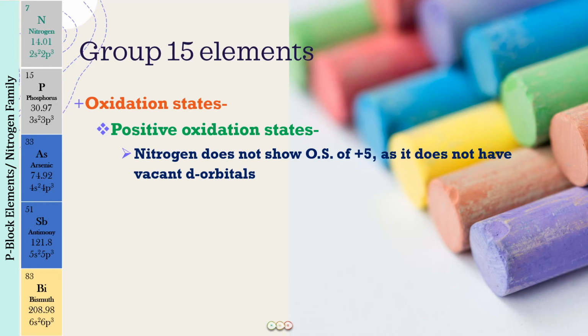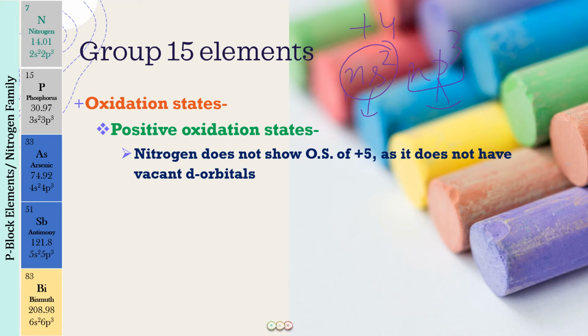The maximum covalency of nitrogen is always 4. Why 4? First of all, we have ns2 np3 as the configuration. So these 3 electrons can participate in bond formation because these 3 orbitals are going to be half filled, and the s orbital electrons can act as a lone pair and be donated to some other atom.